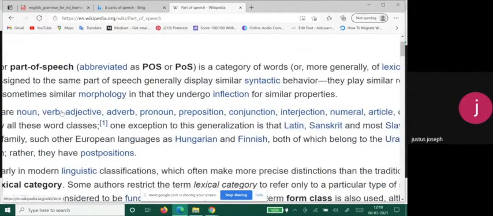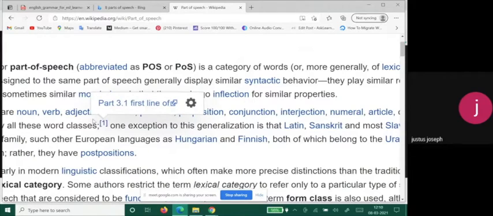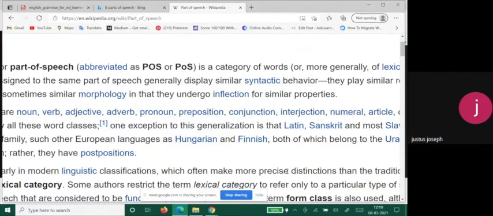Start with this. Noun, verb, adjective, adverb, pronoun, preposition, conjunction, interjection, numeral, article or determiner.